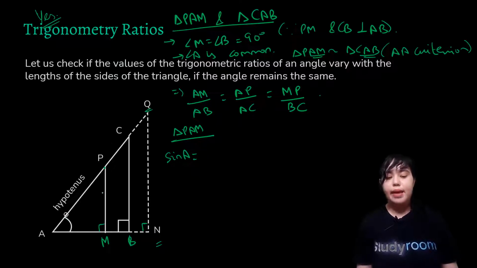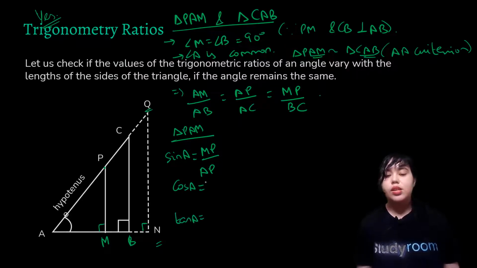That is PM, or MP, upon the hypotenuse for this triangle, which is AP. Again, I'm not considering the whole triangle, I'm just considering the small fragment triangle PAM. Then consider cos A and tan A. So cos A, making use of the formulas, will be AM upon AP and tan A will be MP upon AM.